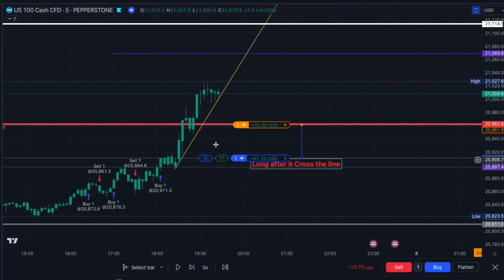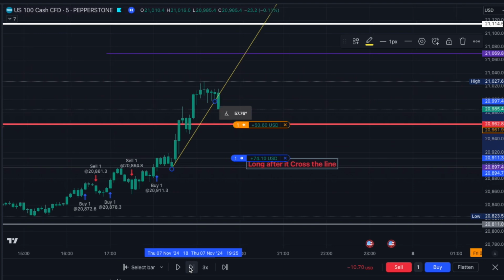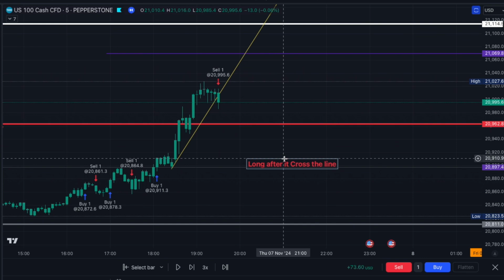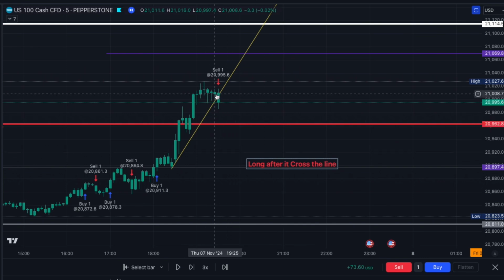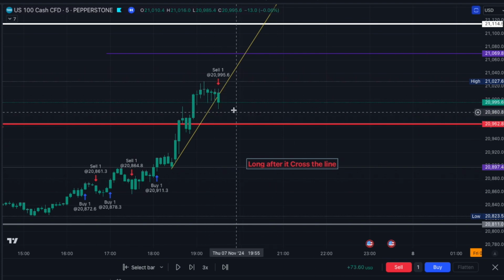Let me just adjust, since it just touched it a little bit. There it is. That was my trade. That was my trade today. And look, you're in profit. These type of trades you're trying to tackle.